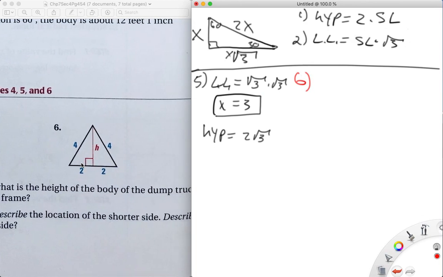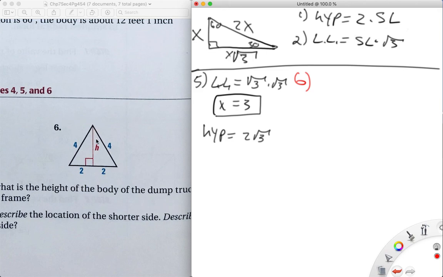Alright, so notice that there's a 4 here, there's a 4 here, and then there's a 2 here. If I add the 2 and the 2, this is a 4, 4, and 4, which makes this an equilateral triangle. And since it's an equilateral triangle, I know that all the angles are the same. I would divide 180 by 3, and this would be 60, this would be 60, that would be 60.